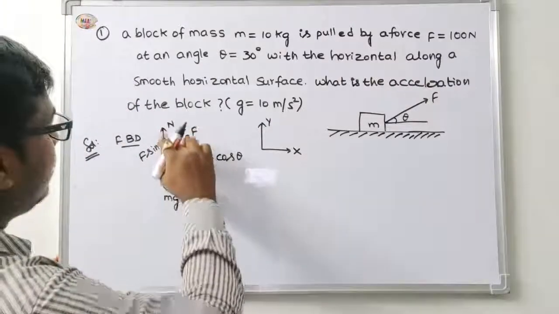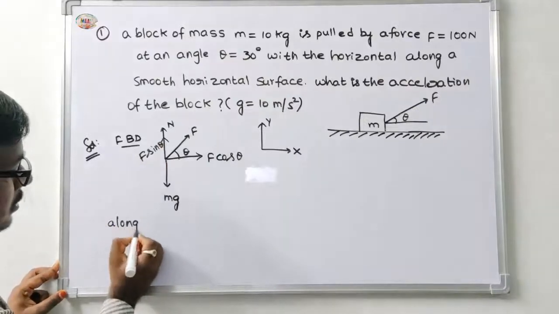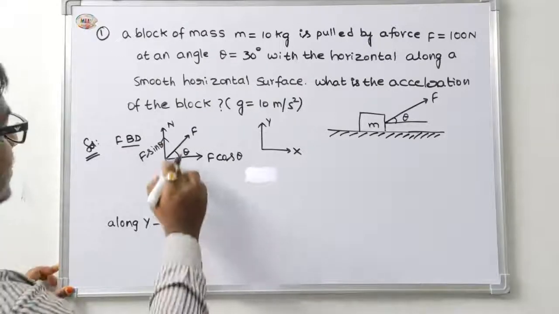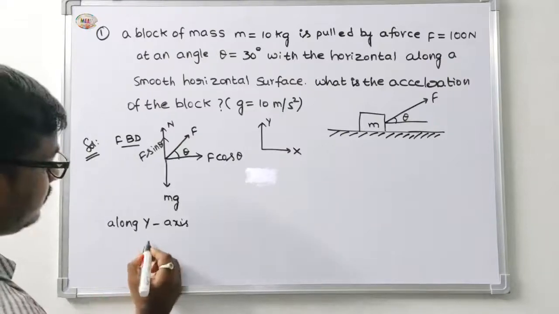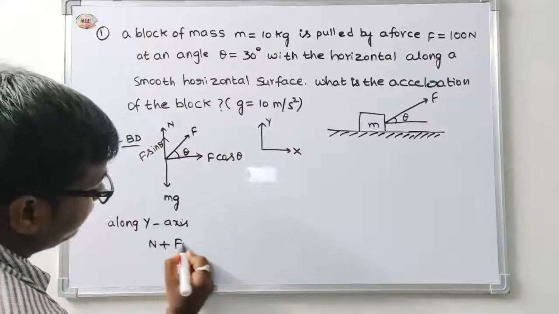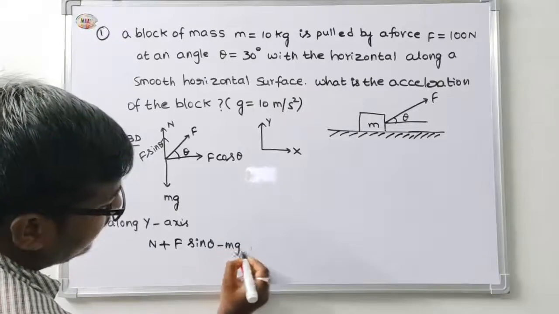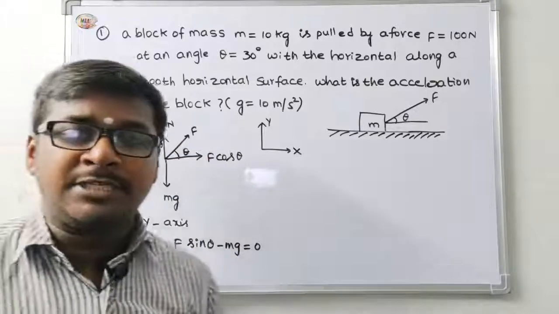Taking along the y-axis: N plus F sin theta minus mg is equal to 0, because the normal force and the gravitational force act opposite to each other.